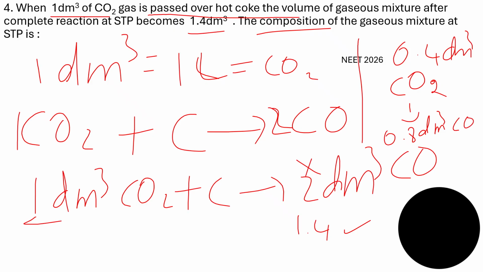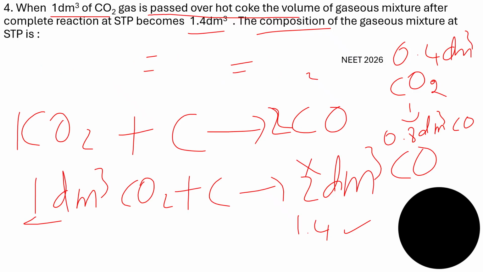When 1 decimeter cube of carbon dioxide reacts with coke to give 2 decimeter cube of carbon monoxide, just like that, 0.4 decimeter cube of carbon dioxide reacts with coke to give 0.8 decimeter cube of carbon monoxide. This is acceptable. I am going to solve from this basis. This is so simple.